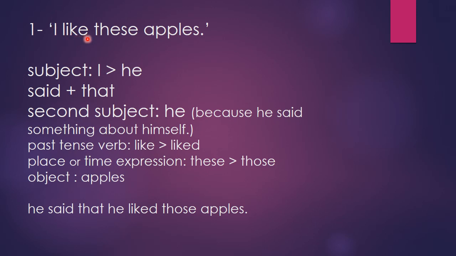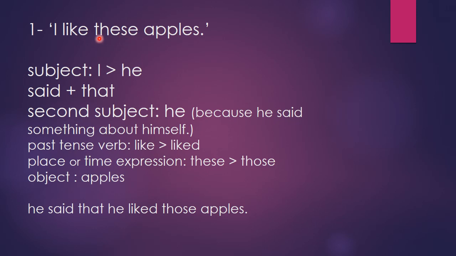I like these apples. I'm talking about myself. After the second subject comes the past tense verb, which is verb 2. Like becomes liked. Then, after that, the rest of the sentence, but I have to pay attention to what I have in it.